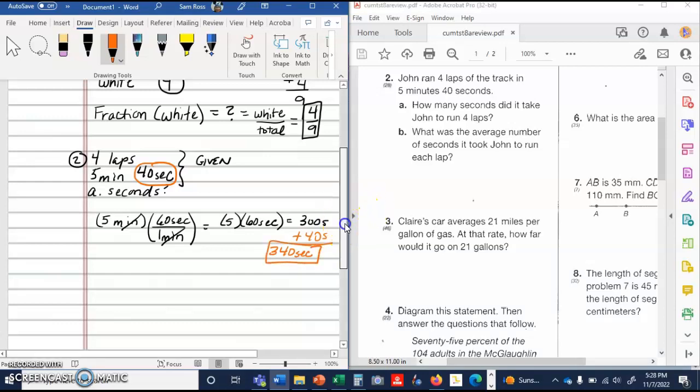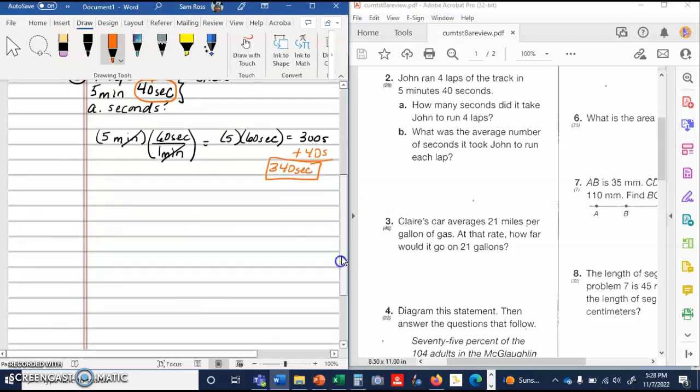Again, make sure you ask me if that doesn't make sense. Oh, I'm on B. Sorry, same one, B. What is the average number of seconds it took John to run each lap? So when they ask me for average, I write average is equal to the sum over how many.